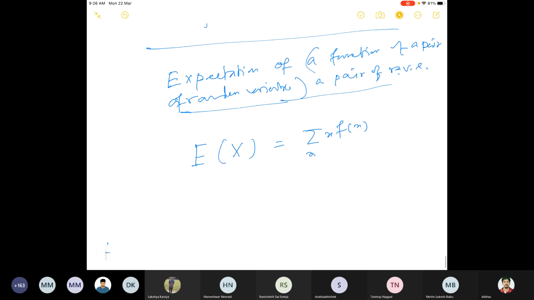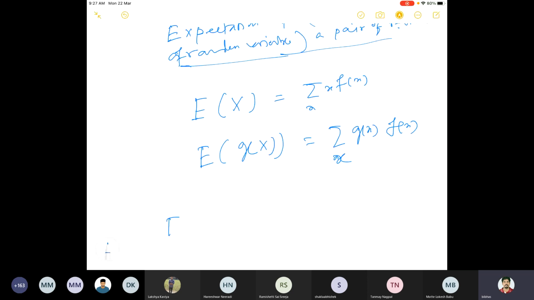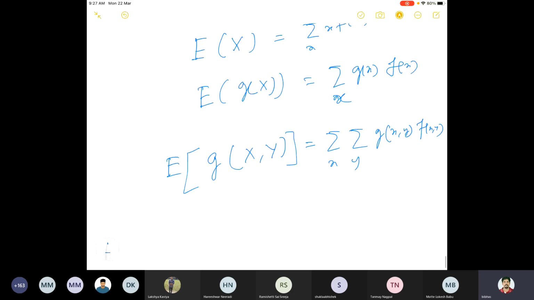Or maybe the expectation of a function of the random variable. This was nothing but g of x, whatever the way the function is defined, times f of x, over x. Now we want to define the expectation of a function of X, Y, the pair of random variables. So this will be the sum over x, over y, of g of x comma y times f of x y. That's it. Where f of x y is the joint probability distribution, or mass function, because it is a summation, so it is discrete.